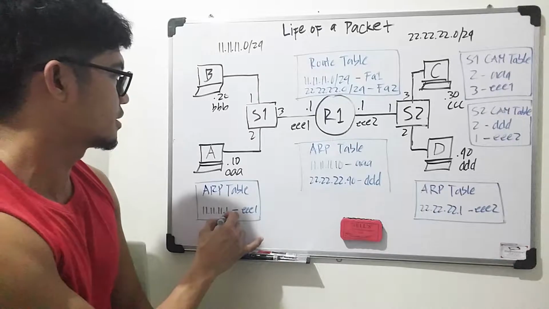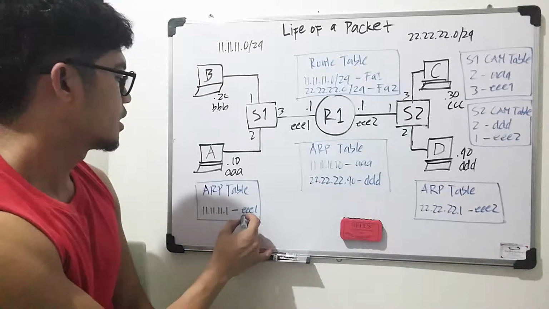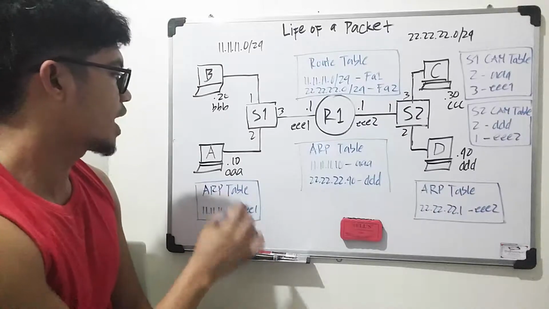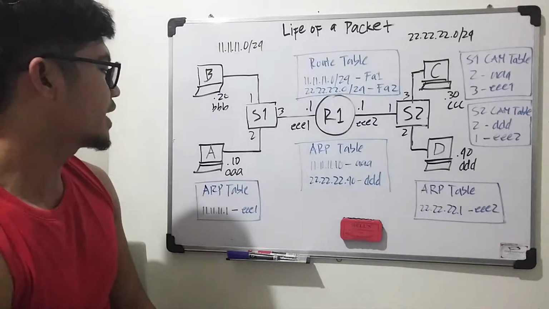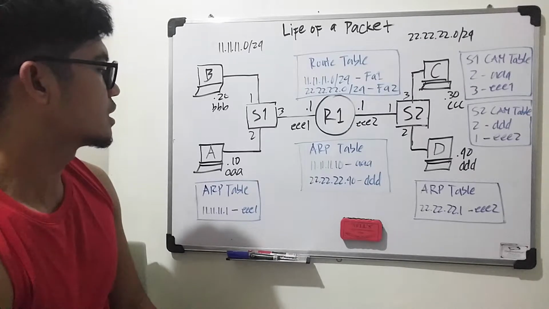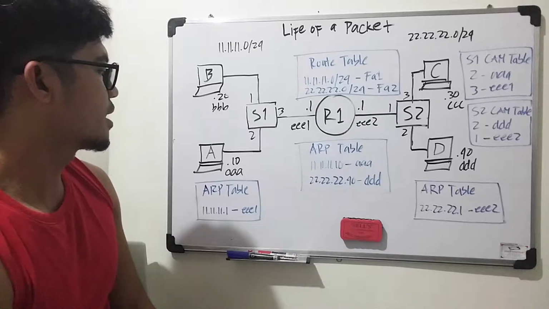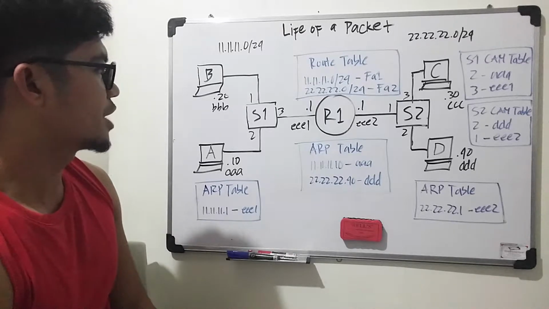Basically this is the router IP address and its MAC address. So now host A has all the information that it needs to send the packet to its gateway.